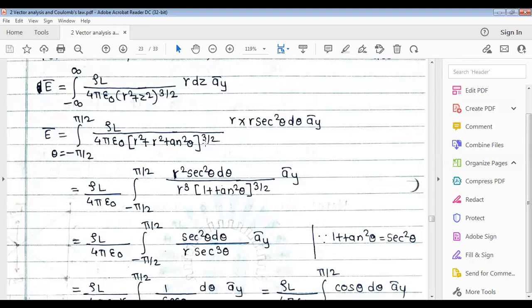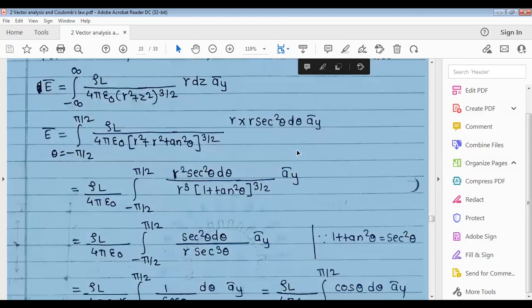What will be r square raised to 3 by 2? Last day only I told you.